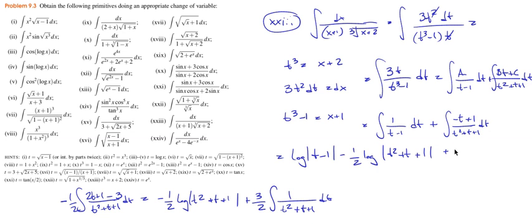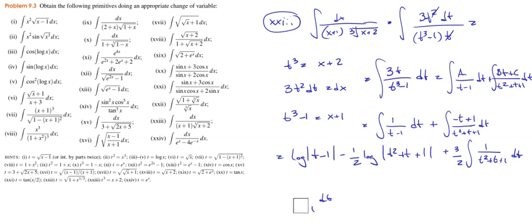And then we have plus 3 over 2, and then the primitive of 1 over t squared plus t plus 1 dt, right? Okay, and then let's see, so yeah, here this is 3 over 2, and we have to complete the square, right?